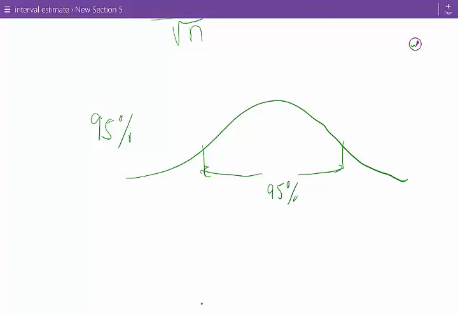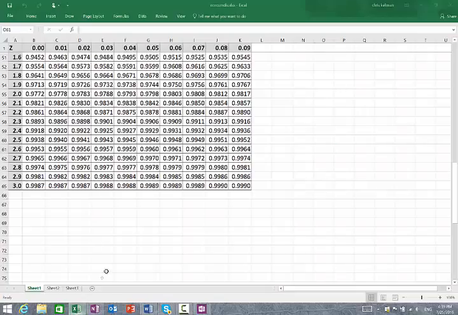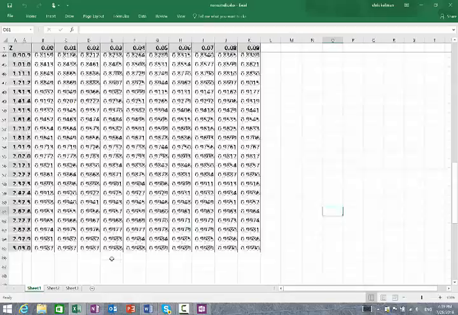Our alpha, the amount of uncertainty that we're willing to live with, is 5%, and half of that alpha, alpha over 2, or 0.025, is going to get put into each tail. To be 95% sure, we need to find these Z-scores. We go to our standard normal table and look at 0.025, which will give us the lower tail, and then by symmetry, we can find the upper tail.